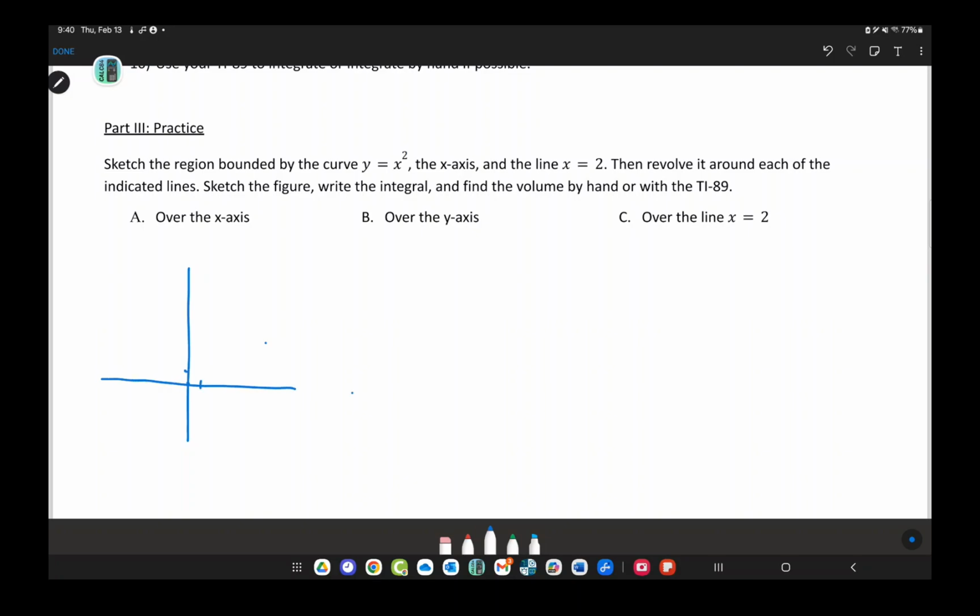So 1, 1, 2, 4. And we have the line x equals 2. So this line here.